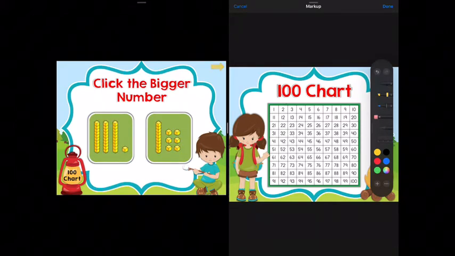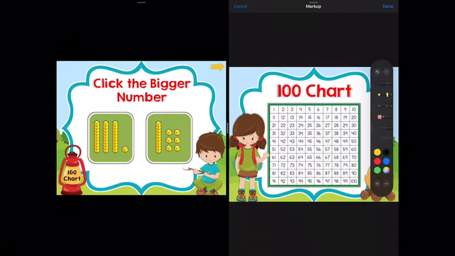Now we are going to click the bigger number and count the base 10 blocks. Now remember, the stick represents 10 and the little cube represents 1. So for the first one, if each stick is 10, let's count by tens. 10, 20, 30.